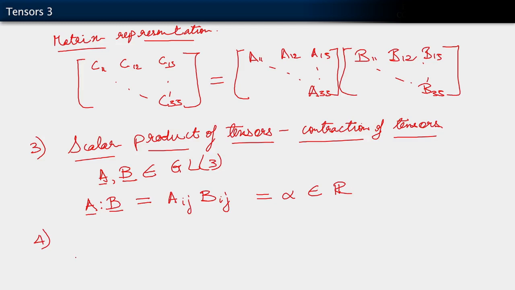Two more properties that we look at today. The fourth is this idea of the trace of a tensor. The trace of a tensor A, we will write as TR of A, and it can be written simply as Aii.